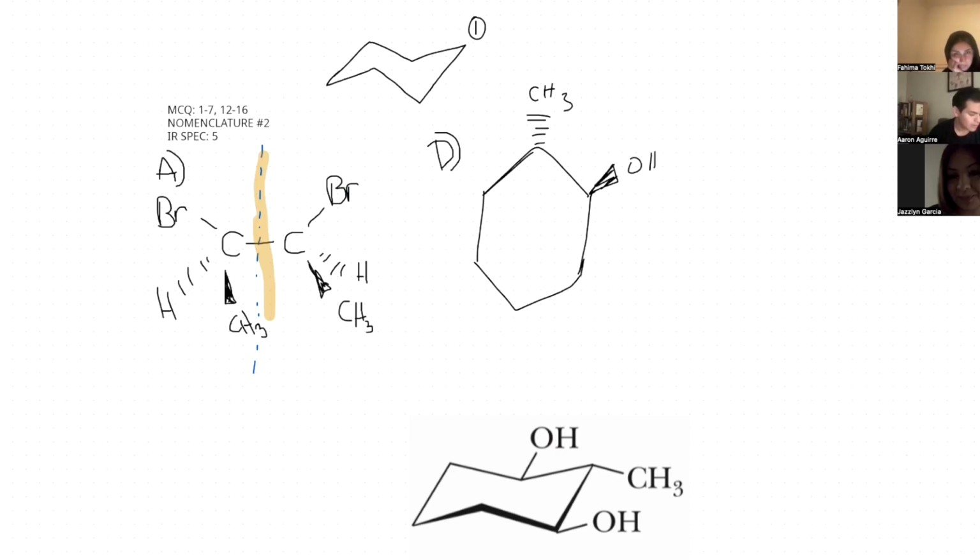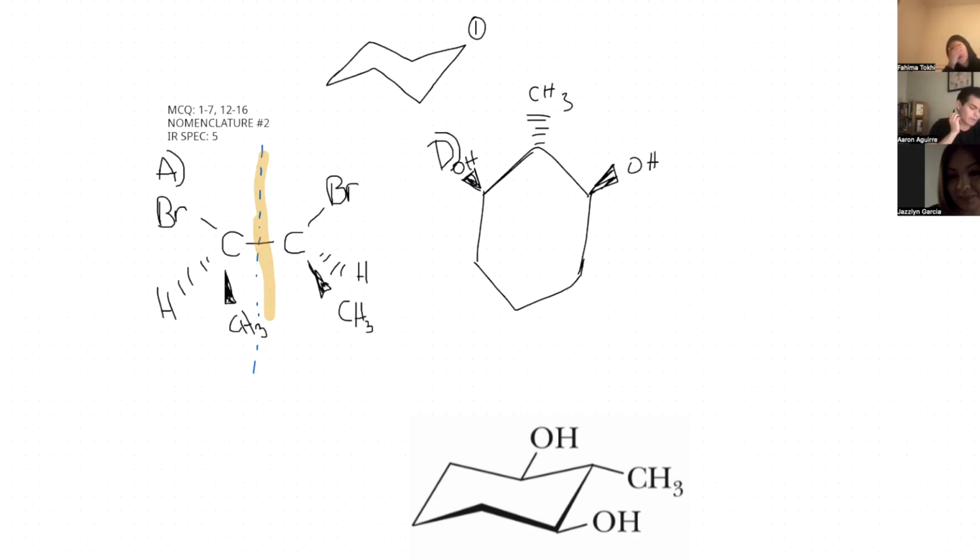And on the other side, we have another OH group, which is also up. Oh wait, so one is up and the other one's equatorial, but they're both up. No, the methyl group is down. Isn't the up OH down too?